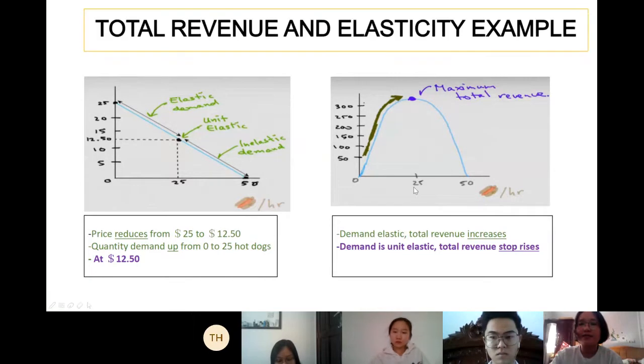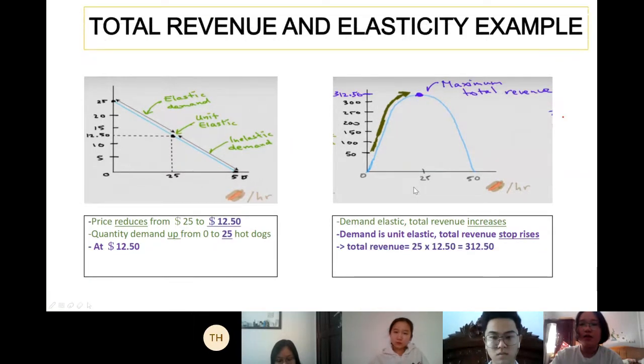We can easily find the total revenue by taking 25 times 12.5, and we get 312.5, and that is the maximum total revenue. It's also the unit elastic.